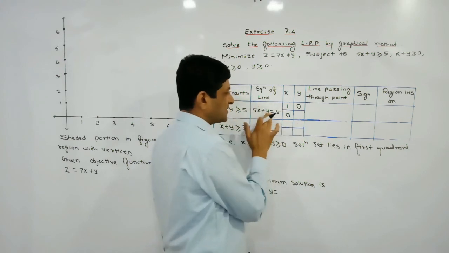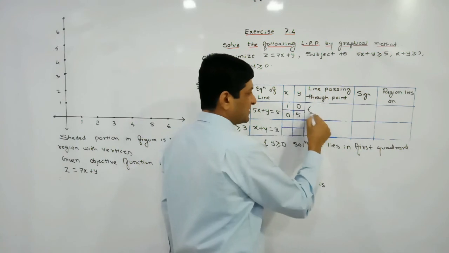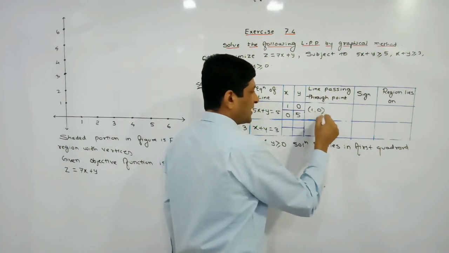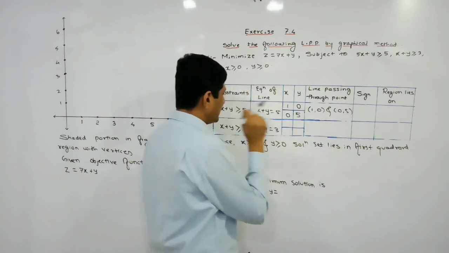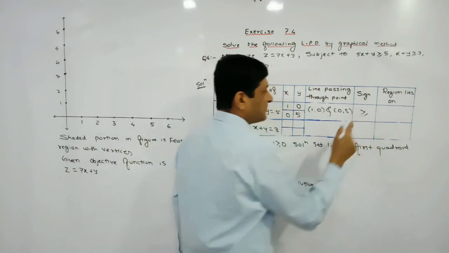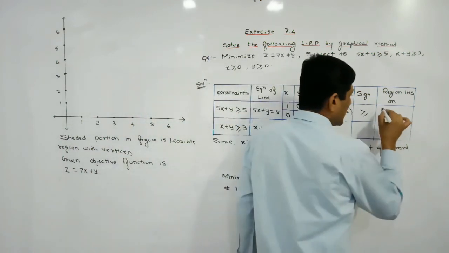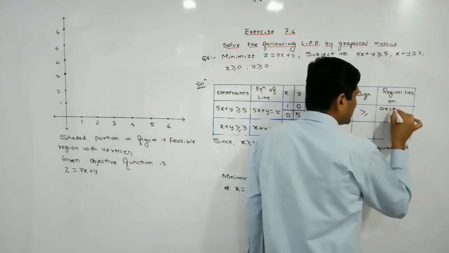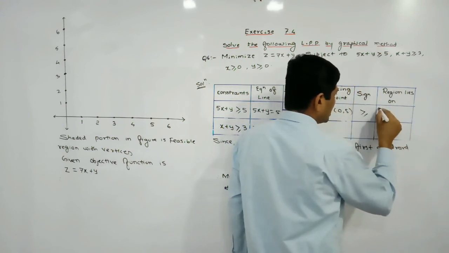If I substitute x is equal to 0, what value of y will we get here? 5. So we can say that the line passes through the points 1, 0 and 0, 5. In this expression, the sign that appears is greater than or equal to, and we know that when greater than or equal to appears, the non-origin side part will be our required solution.